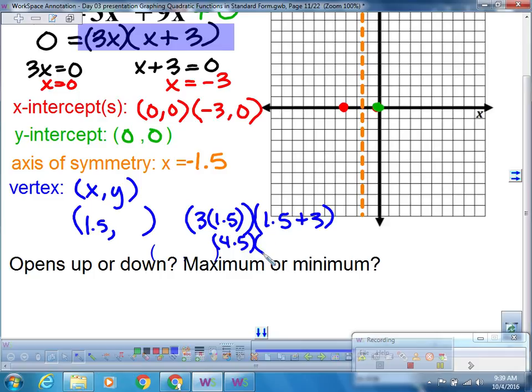And what's 1.5 plus 3? 4.5. So what's 4.5 times 4.5?